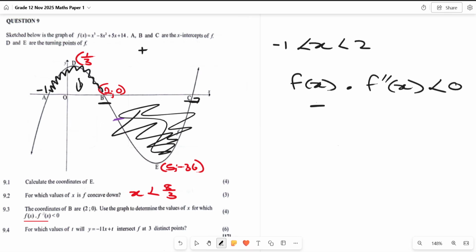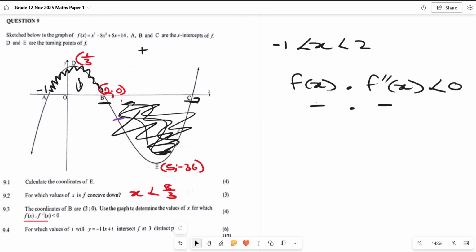But when you look at the shape, it's concave up. If it's concave up, then the second derivative is also positive, so both of them cannot give us what we want.